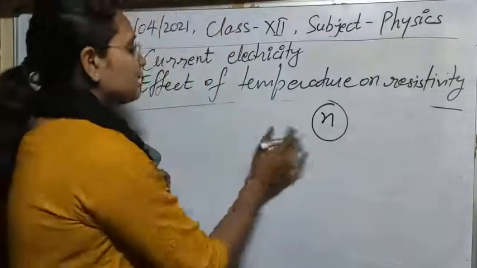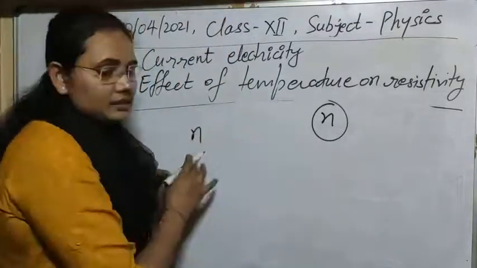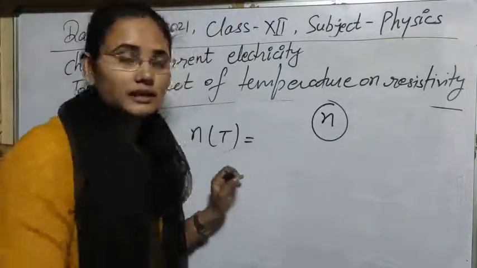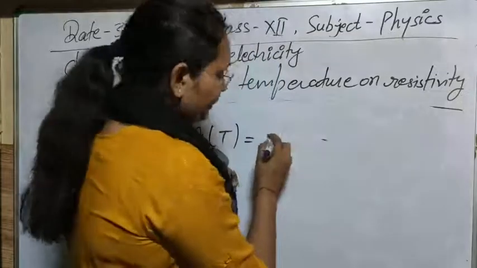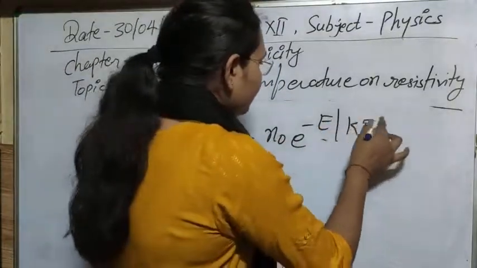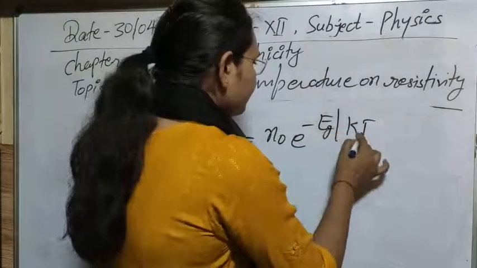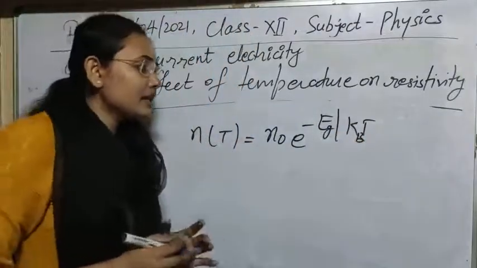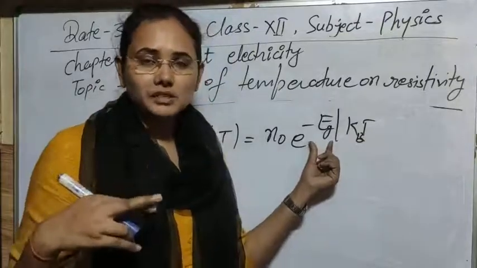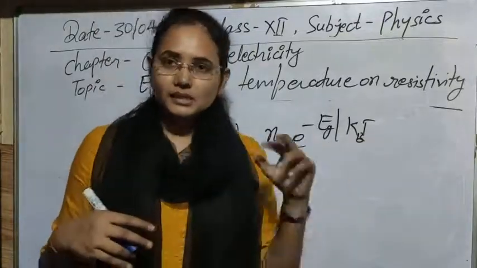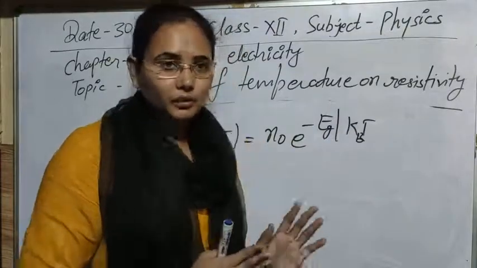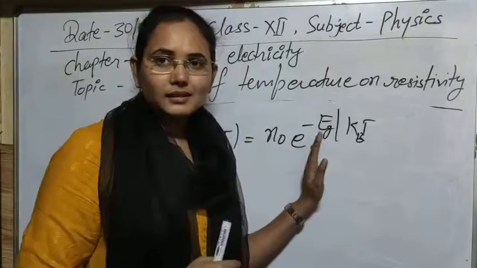If you see the dependence of number density on temperature, it is exponential, like this: n0 e power minus Eg divided by kBT, where Eg is the band gap between the conduction band and valence band. Later we will discuss this topic in the semiconductor chapter, which is the last chapter you have, in electronics.